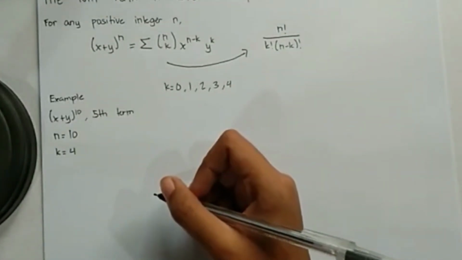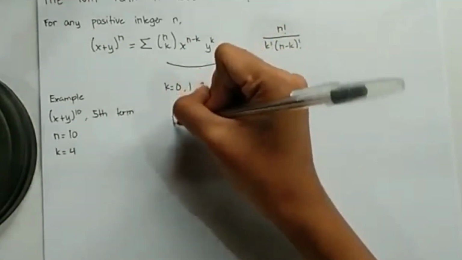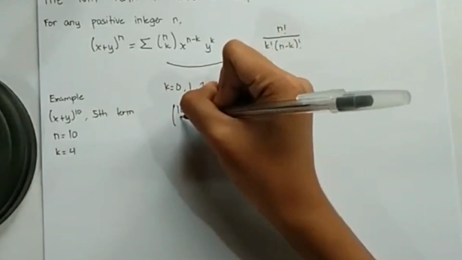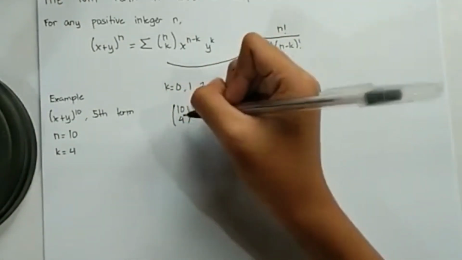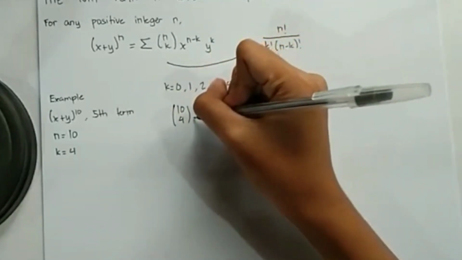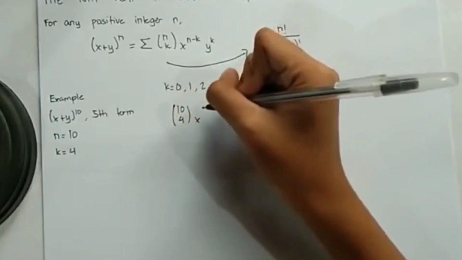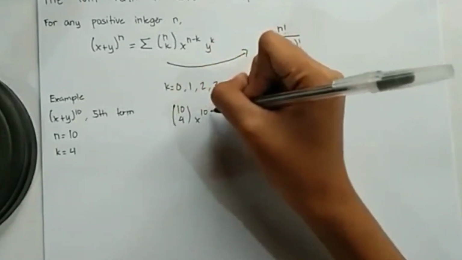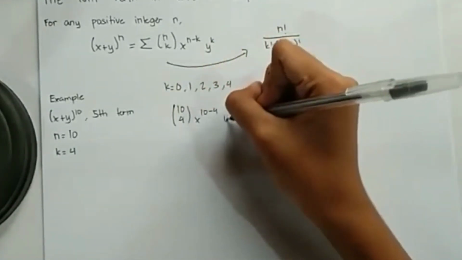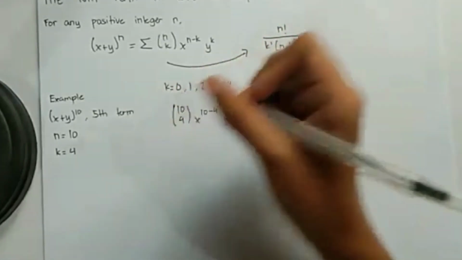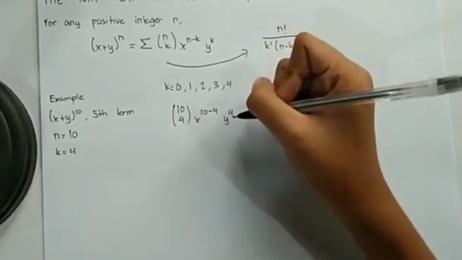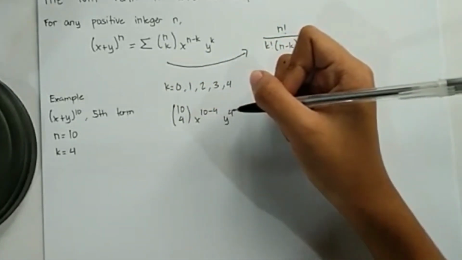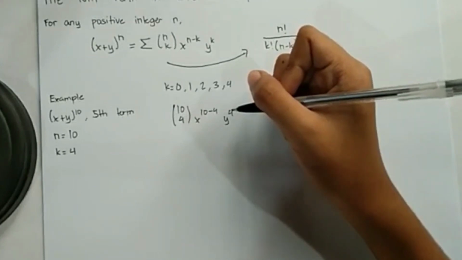So that is the number of combination of 10 taken 4 times x raised to n minus k, so 10 minus 4, times y raised to k, which is 4. So now we will get the value of our combination.